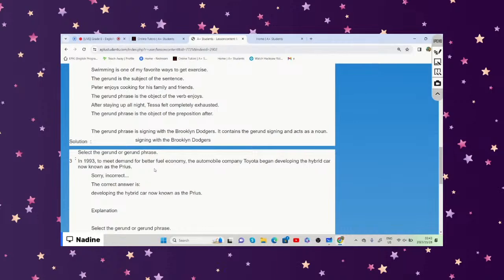And if we were to select the gerund or the gerund phrase, then we would say developing the hybrid car now known as the Prius. So developing, right? So he began developing. And the gerund starts with developing, ending in ing, the hybrid car now known as the Prius.